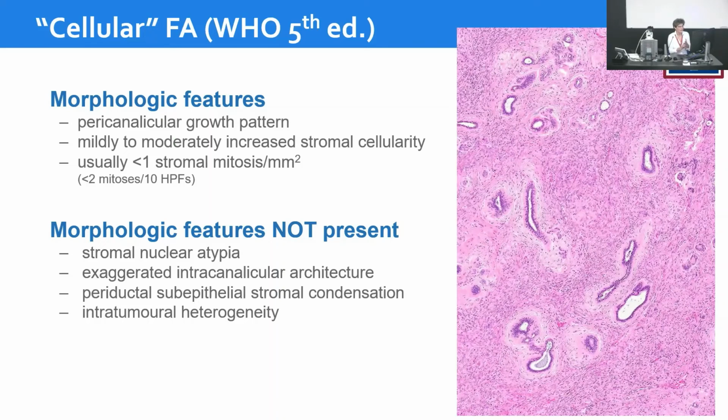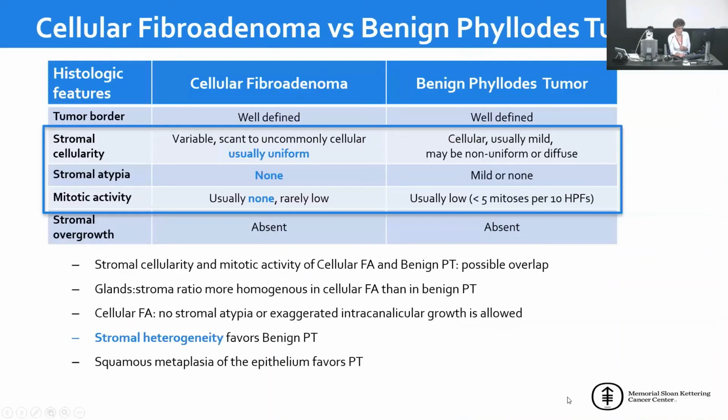It shouldn't have any exaggerated intracanalicular architecture or periductal condensation and intratumoral heterogeneity. These are very difficult features to assess, especially in limited material. And really, if you find stromal heterogeneity, this will favor benign phyllodes tumor.